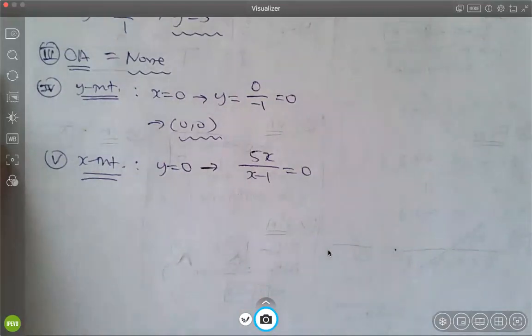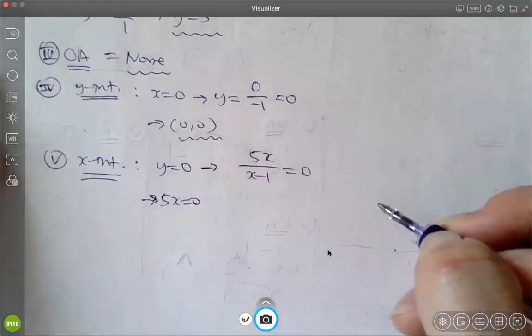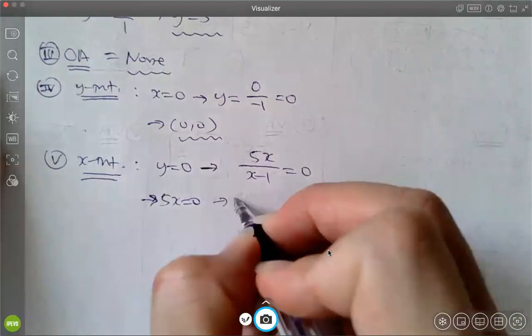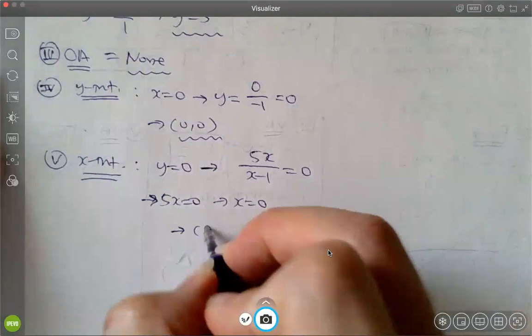When the bottom is equal to 0, what do you have? Undefined, right? So what does that mean? This implies the top has to be equal to 0. So that means what? x is equal to 0, right? Okay, so it has the same x-intercept as the y-intercept.